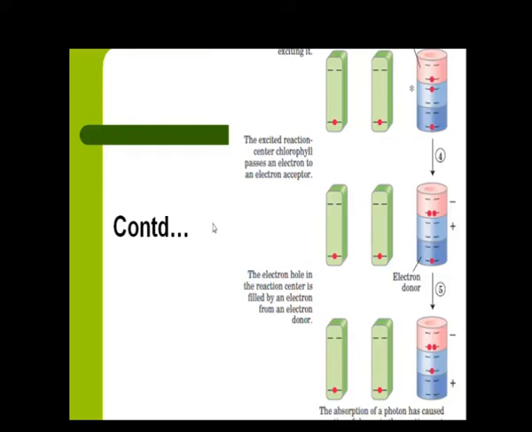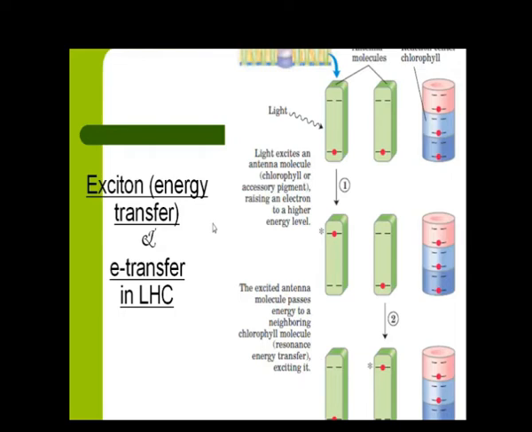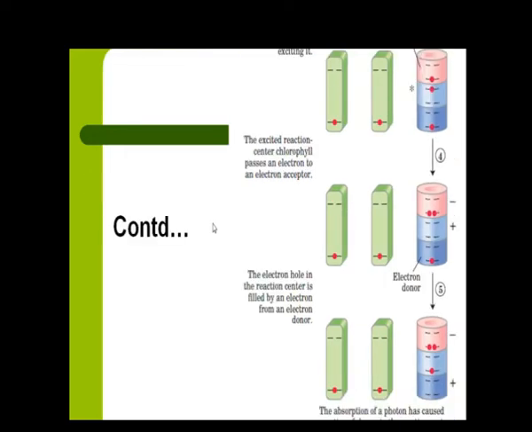In the earlier slide, the electron is still in the ground state in the reaction center. Here it has become excited. You can see these two energy levels are pretty close to each other.